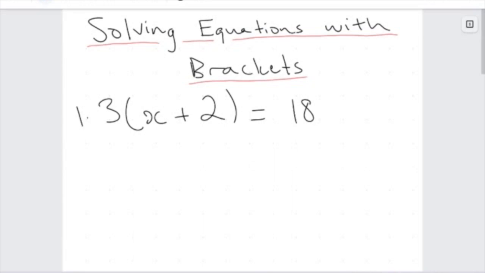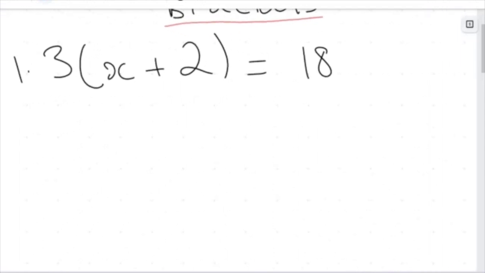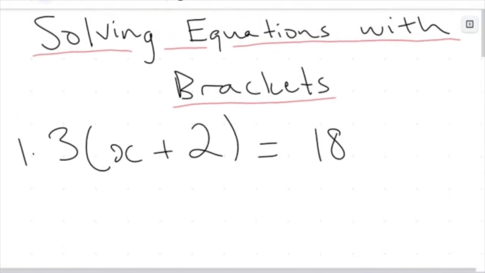So I'm going to start with the very same question we did in the previous video, and I'm going to show you another way we can think about this. It's up to you to choose which way you'd prefer to use. With this question, we can do it again in the same way we did when we solved systematically, by considering the last thing that was done to my x.